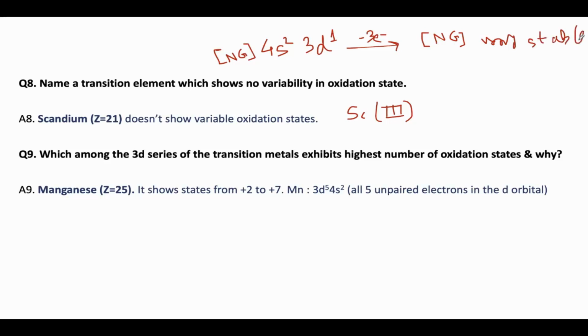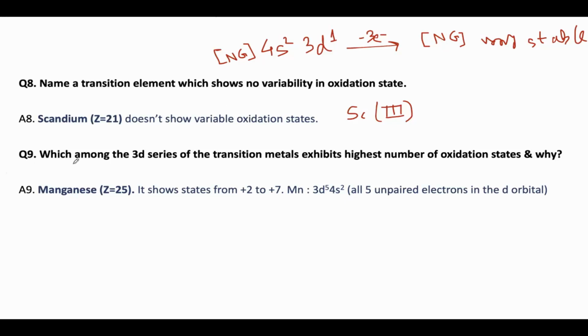You all know the noble gas electronic configuration is very stable. That's why all the s and d electrons go from the 4s and 3d orbitals, leaving Sc3+. So all the compounds of scandium are scandium 3, scandium chloride, scandium triflate, etc. That's why scandium does not show any variability in the oxidation state, because in all cases, it wants to attain the electronic configuration of the noble gas.